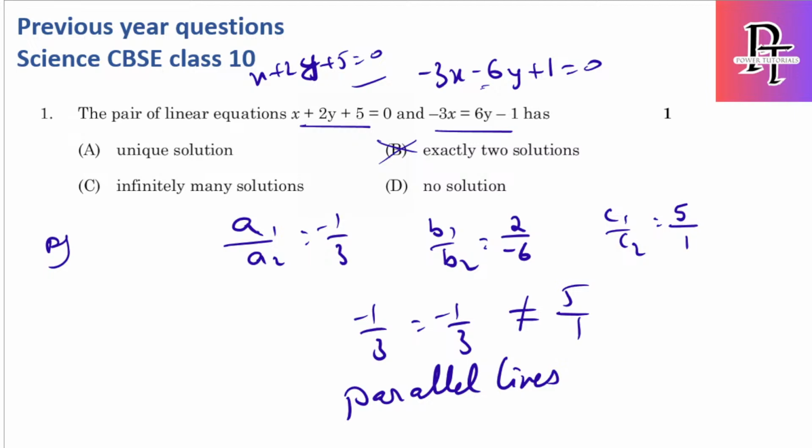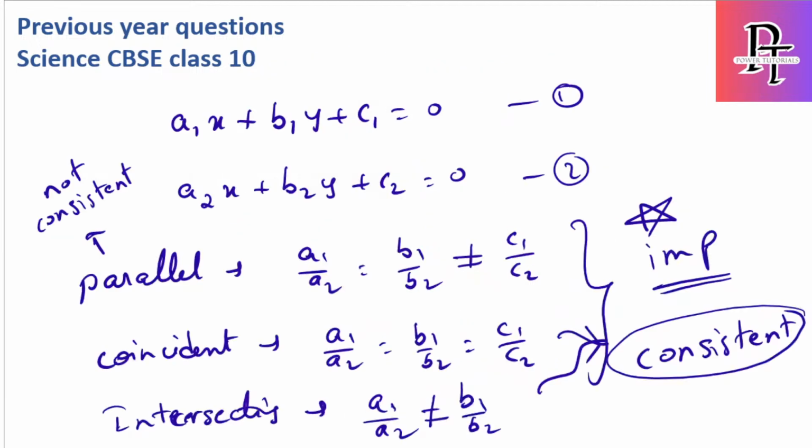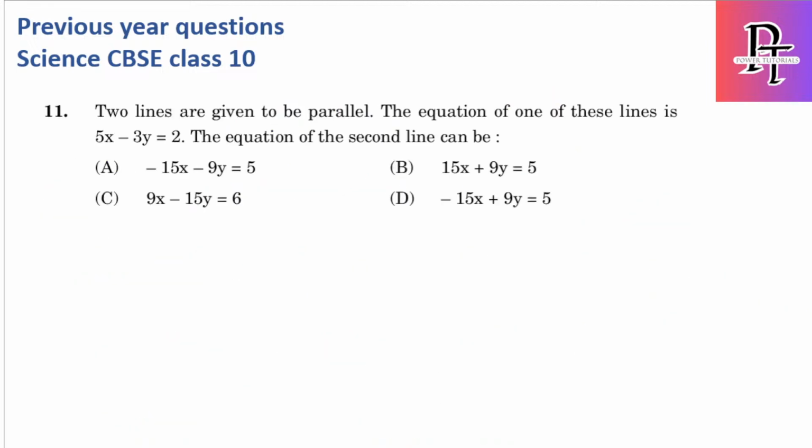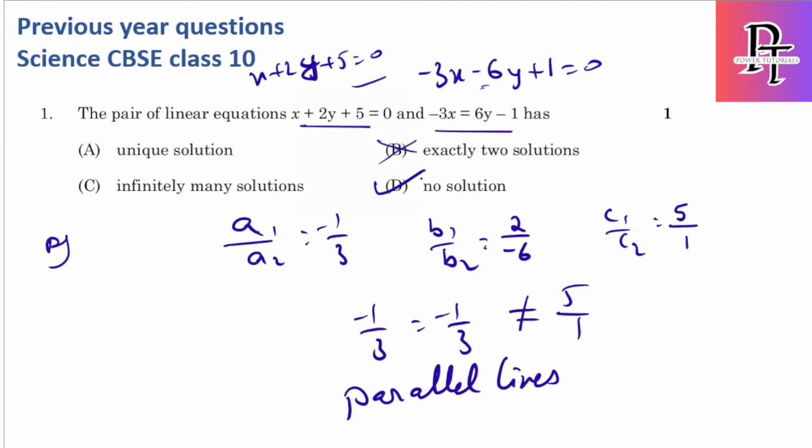So we have to see the first condition: a1 by a2 is equal to b1 by b2 is not equal to c1 by c2, parallel, not consistent, no solution. So this answer is no solution. Here it is no solution because these are parallel lines. But if it were equal to c1 by c2, then it is coincident, with infinite solutions. Since it is not equal to c1 by c2, they are parallel lines.